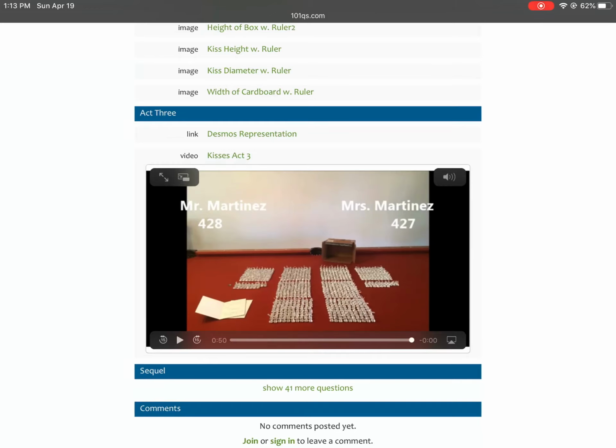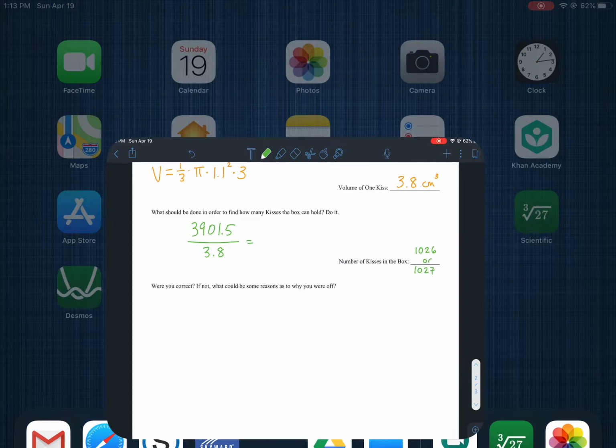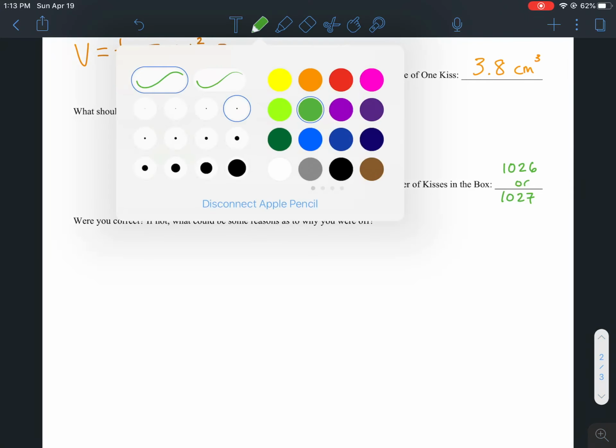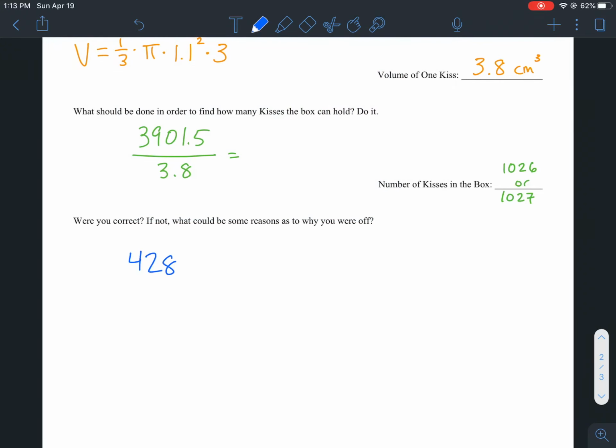Mr. Martinez has 428. Mrs. Martinez has 427. So, in total, 428 plus 427 comes out to be 855 Hershey's Kisses.